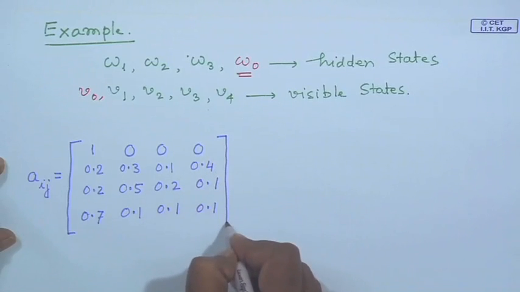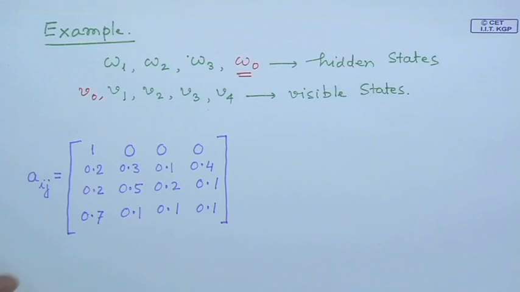So, these are the transition probabilities among the hidden states.